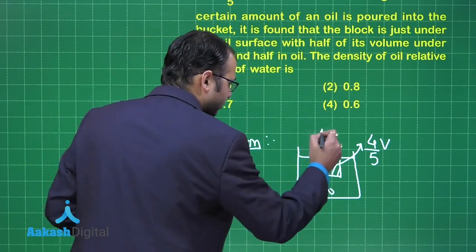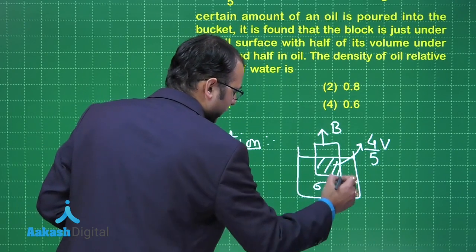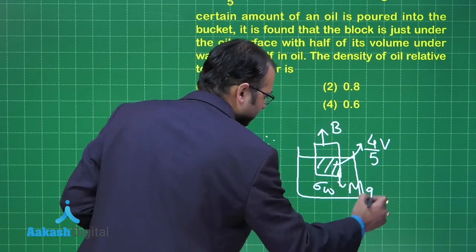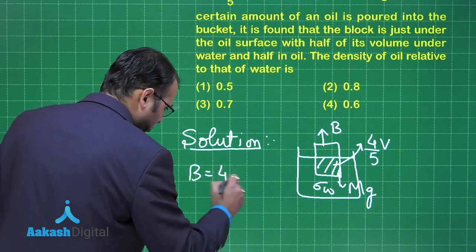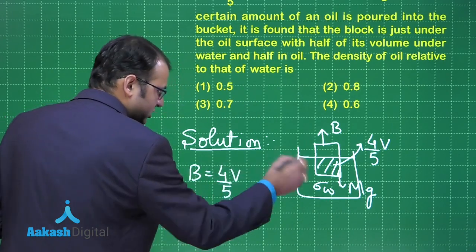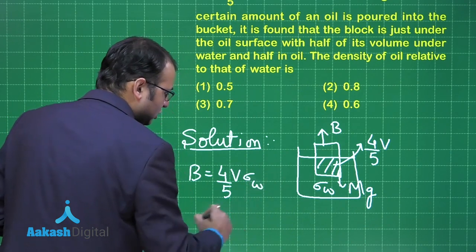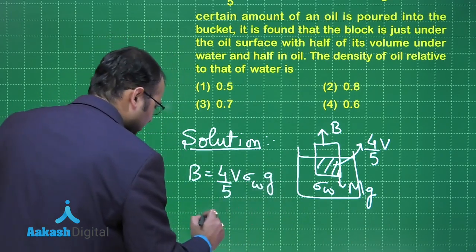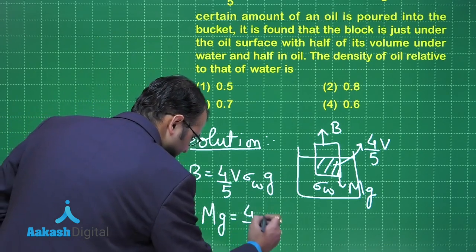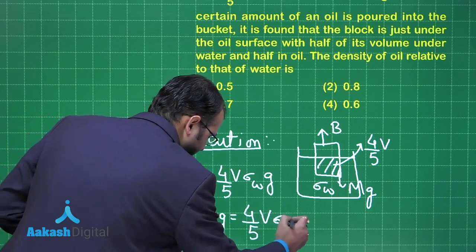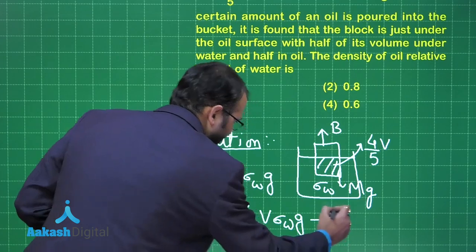So the buoyancy force which is up and the weight are balanced, right? So you will write buoyant force, which is equal to 4/5 volume which is submerged into density of water into g, and this should be equal to mg. This would be our first equation.